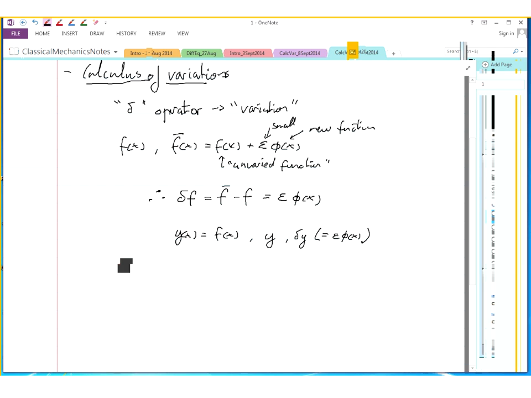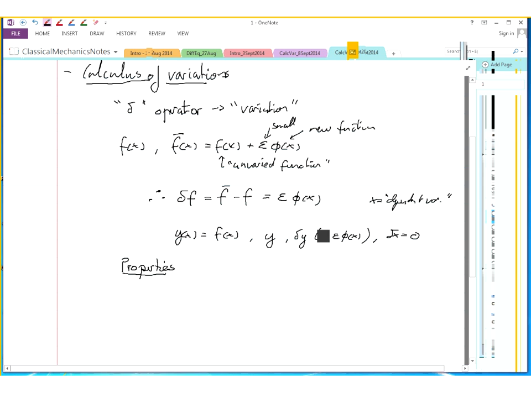Okay, and so we looked at some properties. I should point out that when we do these variations, delta x is always 0. x is the independent variable.